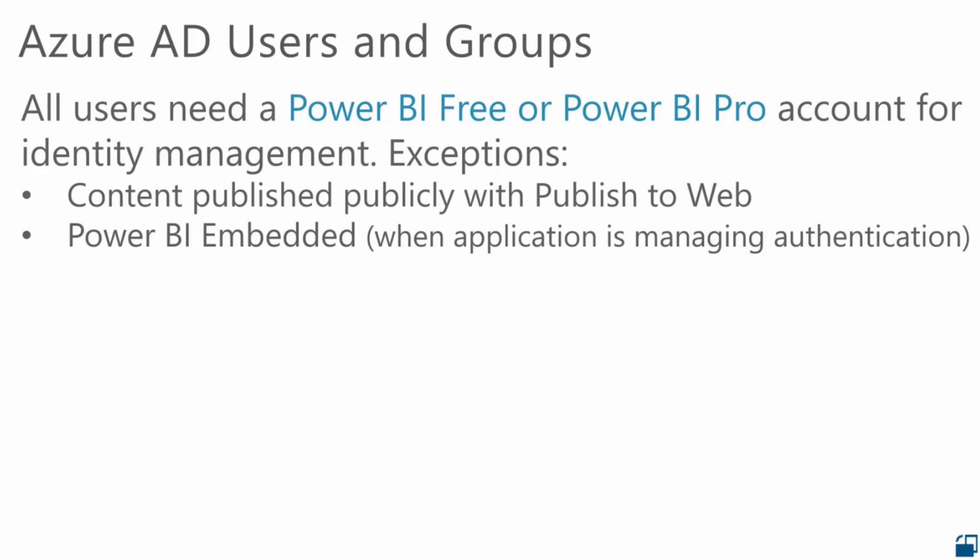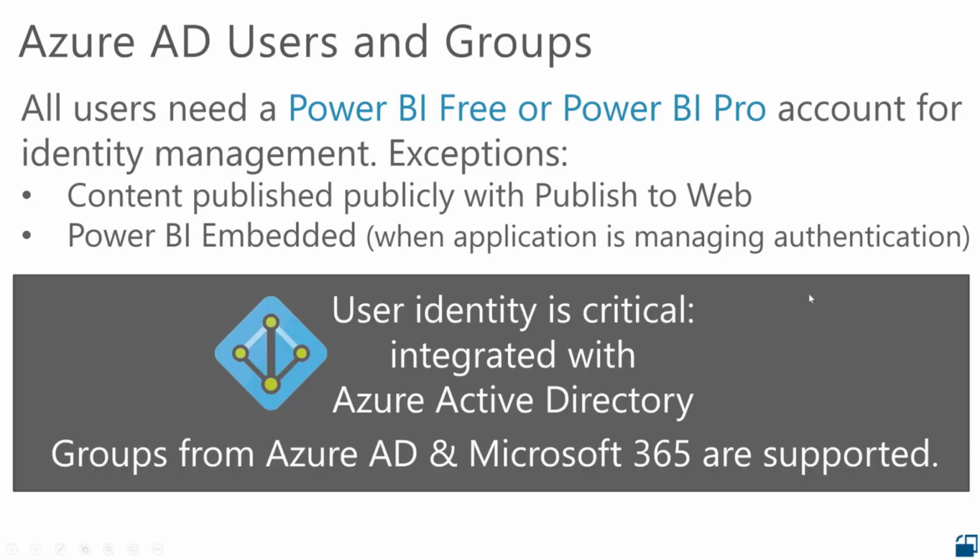One is you're actually not in the Power BI service and you're viewing the data somewhere else like publish to web, or you're viewing the data through Power BI Embedded and the application itself is managing authentication. So really the message here is your user identity is critical because it's integrated with Azure Active Directory. And your groups from Azure or your Microsoft 365 Office groups are all supported as well.